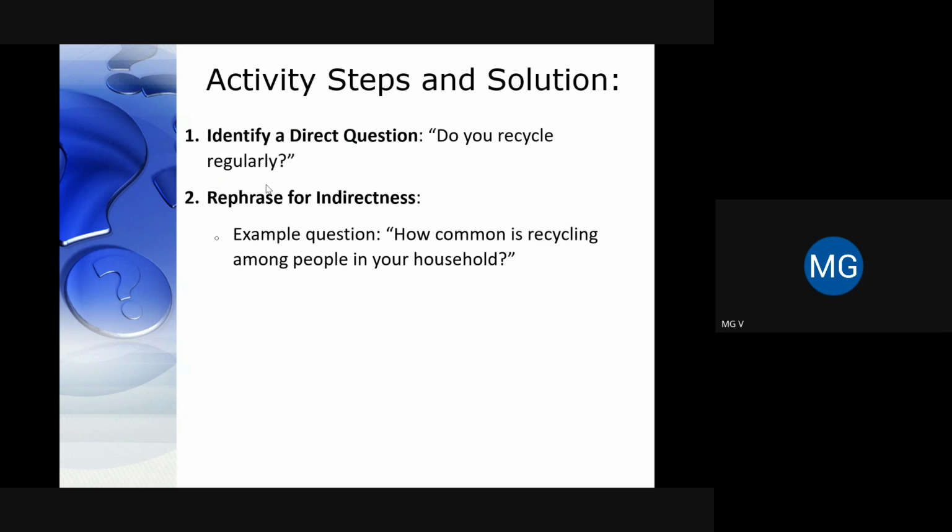And to rephrase for indirectness, you can say, how common is recycling among people in your household? So, indirect phrasing reduces personal pressure, allowing respondents to answer without feeling judged, which can lead to more accurate data collection on sensitive behaviors.